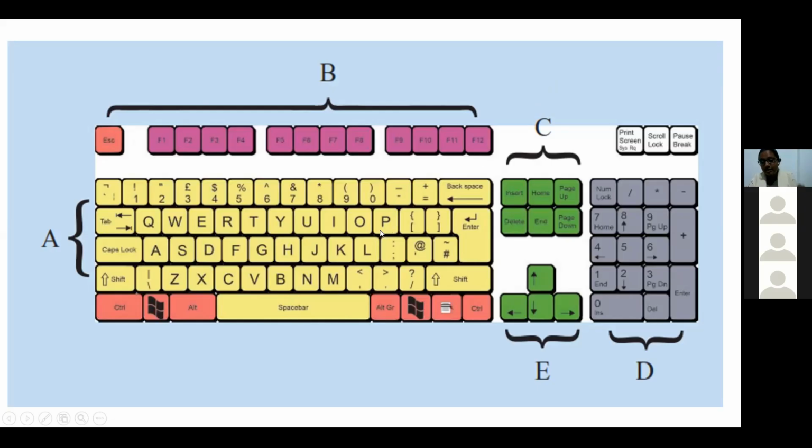In each and every standard keyboard, we can see 12 function keys. හැම සම්මත keyboards හැම එකකම function keys 12ක් තියෙනවා, right? These function keys are designed to perform special task, special function.